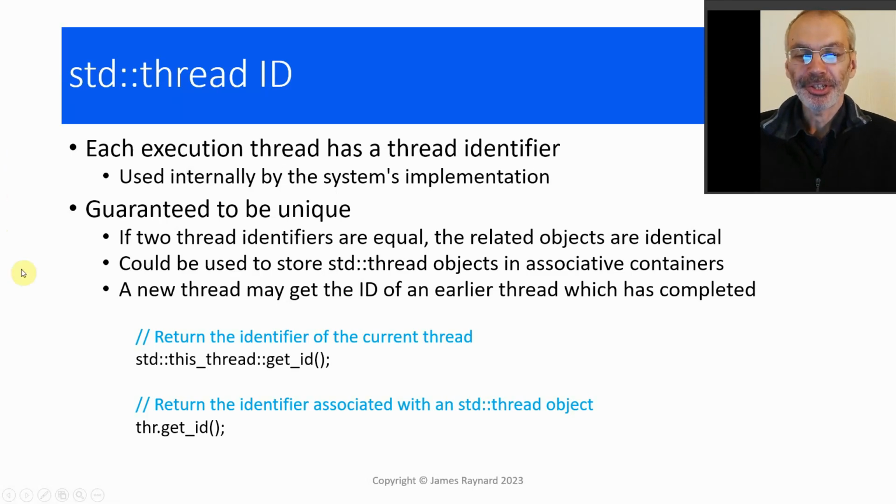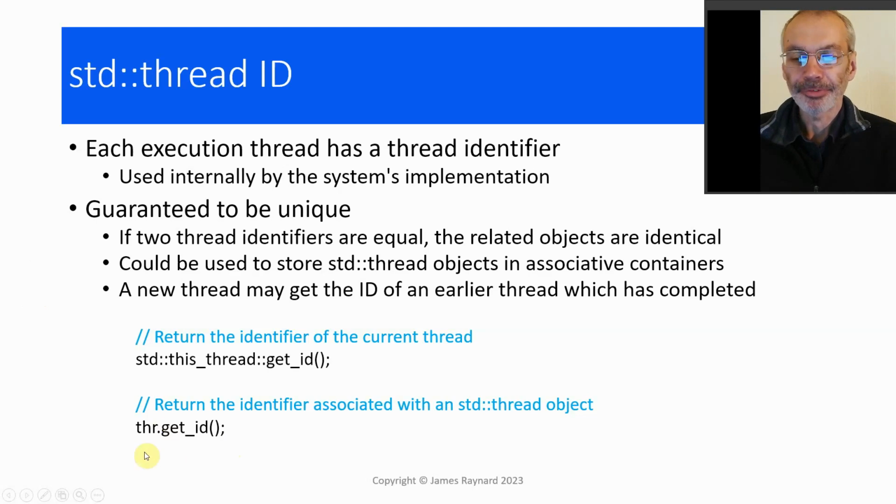So you could use this for storing thread objects in associative containers. You could have, for example, a map where the key is the thread identifier and the value is the thread object. There is one caution here, that the IDs can be reused. If you have a thread which completes and then a new thread starts up, this new thread could use the ID that the earlier thread had.